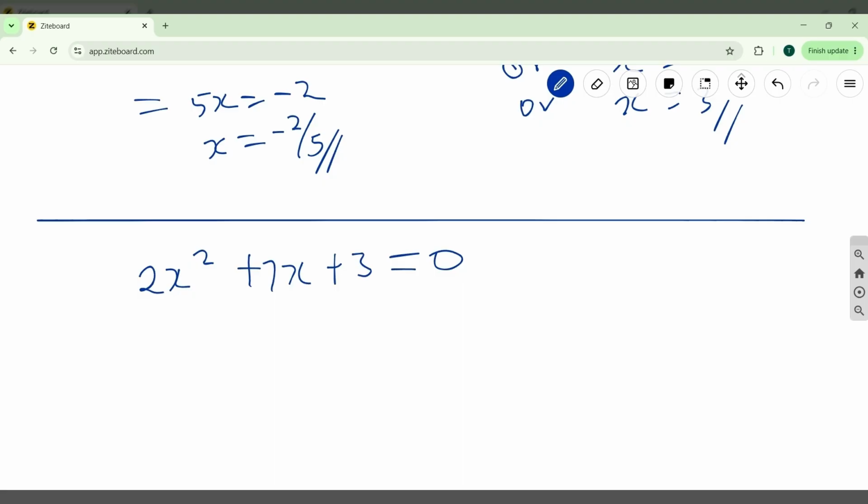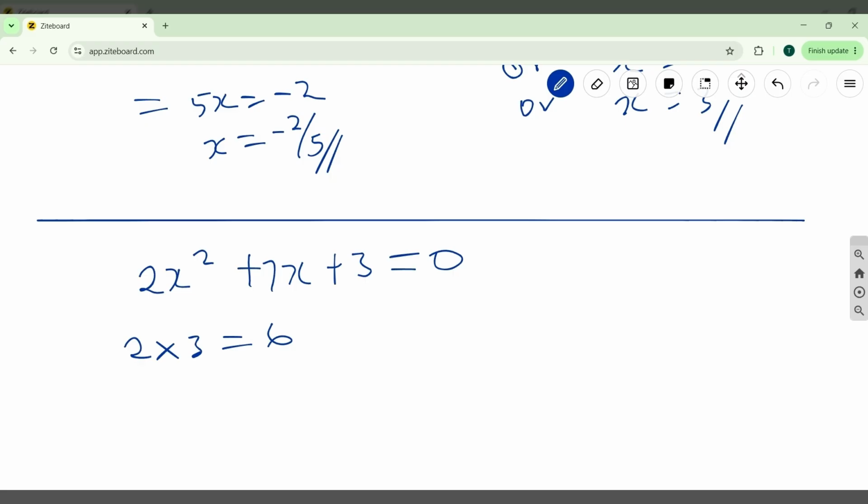All right, let's solve this together. I believe we must have solved this already and gotten an answer. So let's do this together. The first thing I need to do is to multiply a by c, and that's going to give me 2 multiplied by 3. That's 6. So now I look for two numbers such that when I multiply these two numbers, I will have 6, and when I sum these two numbers, I will have 7.